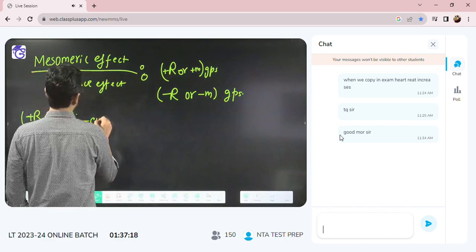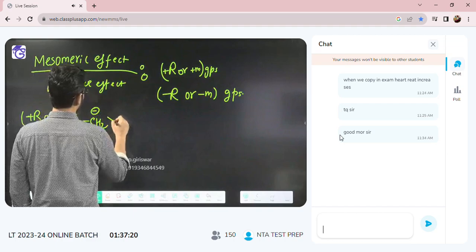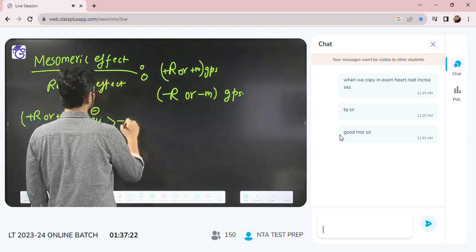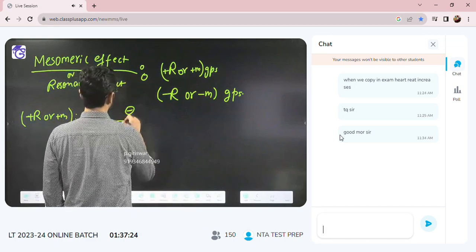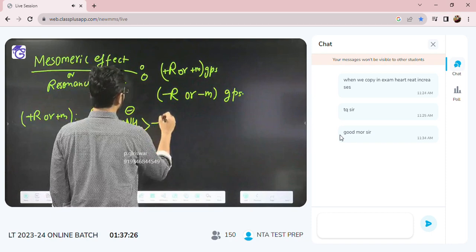So for example you can say CH2 minus strong, NH minus, all are negatively charged, lone pairs are available, O minus.